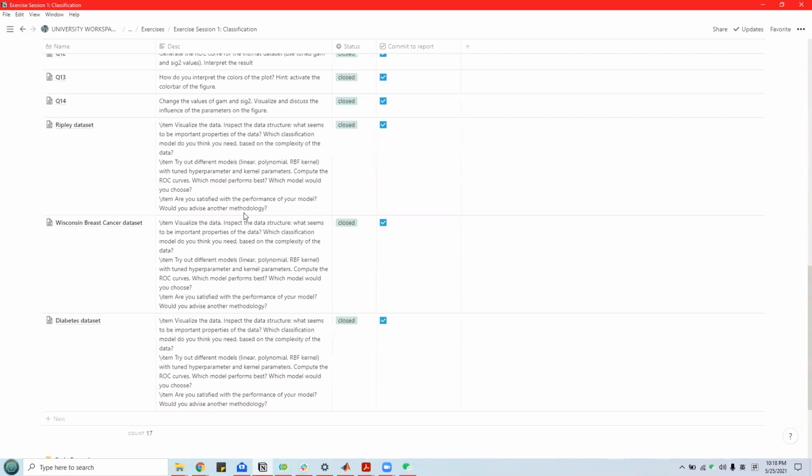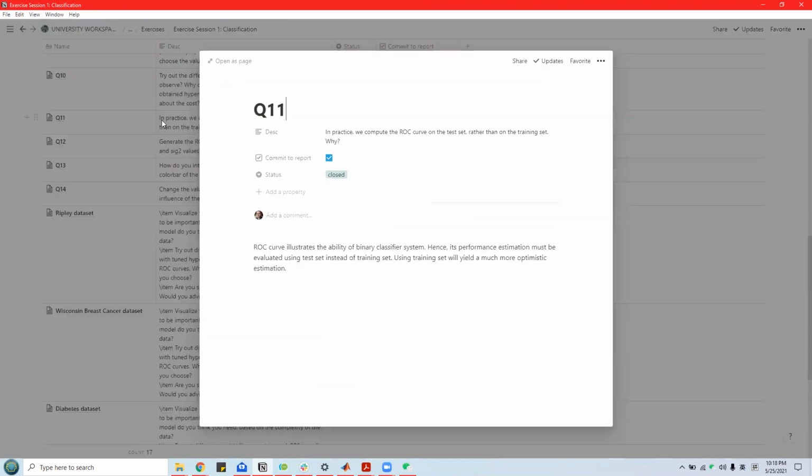Question 11, I think. In question 11 about the ROC curve, some ROCs were just one, but I'm not sure if this is something general or if it's only you. Maybe just give me a call, I'll put something in the SVM group on WhatsApp.